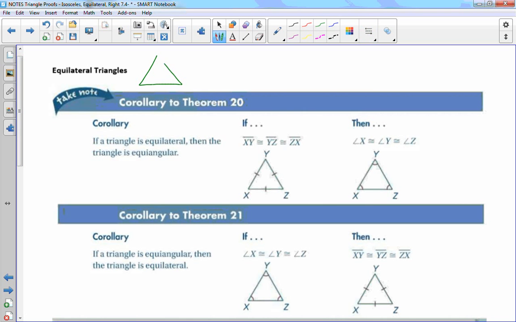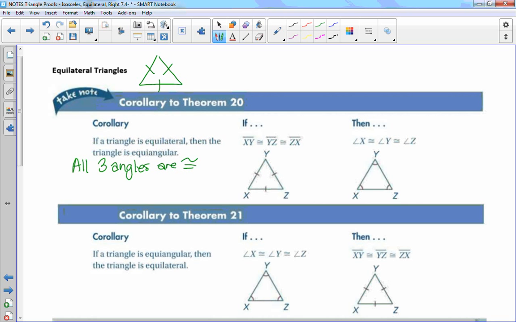So that marking would be tick, like that. Corollary: if the triangle is equilateral, then the triangle is equiangular. Equiangular means all angles are equal. All three angles are congruent.